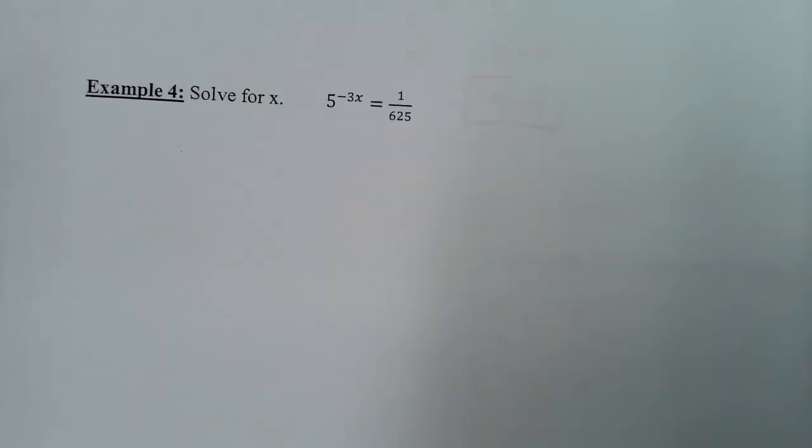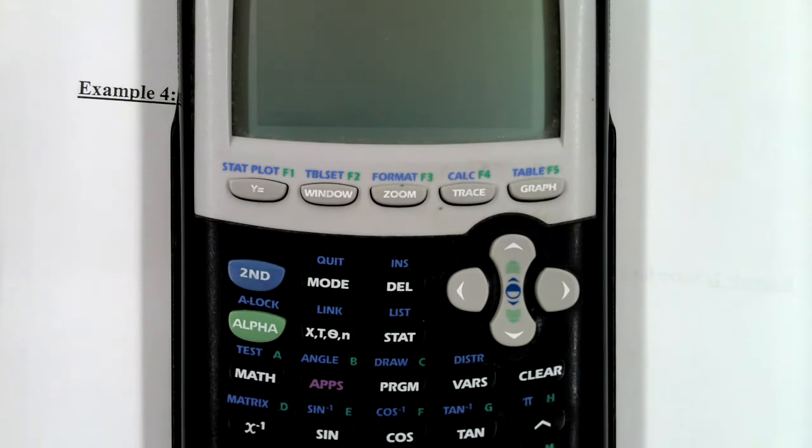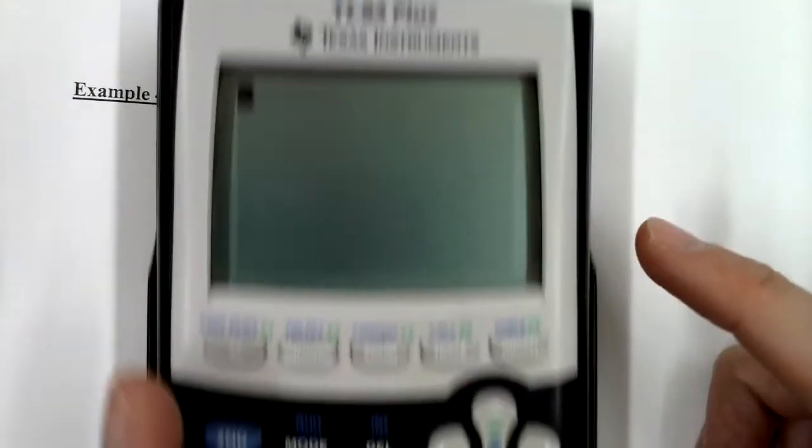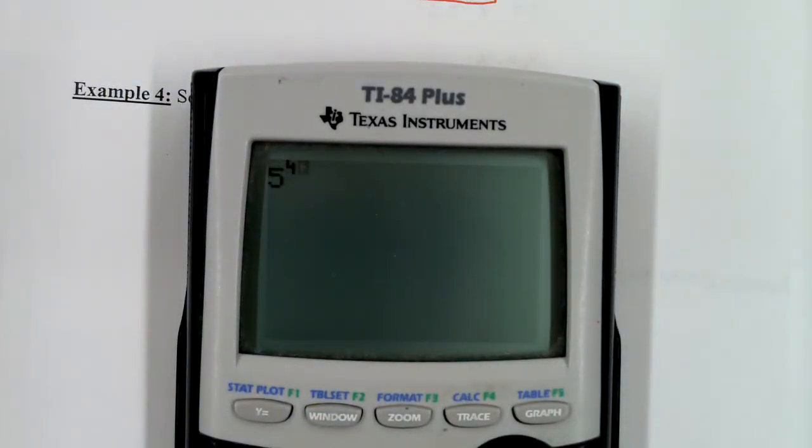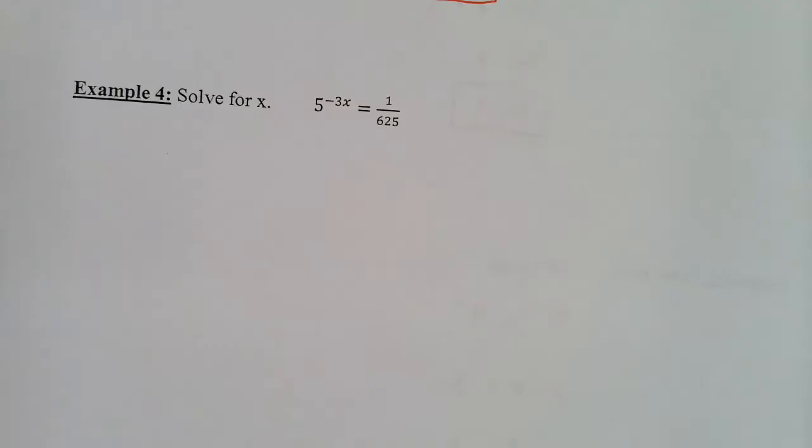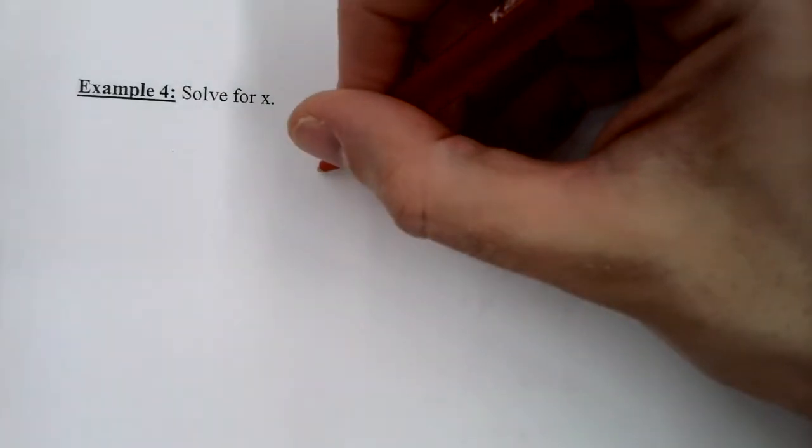I know that 5 to the 4th power is 625. That means that 5 to the negative 4th power is 1 over 625.